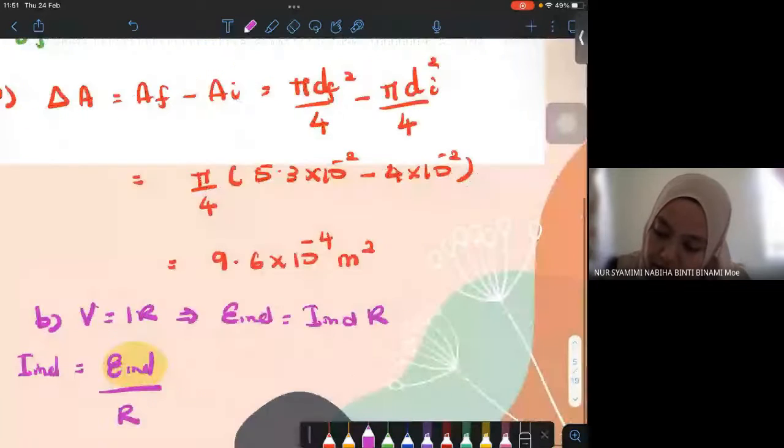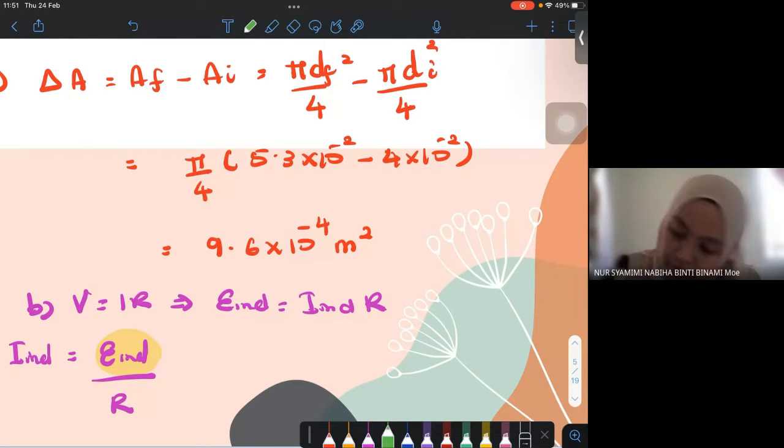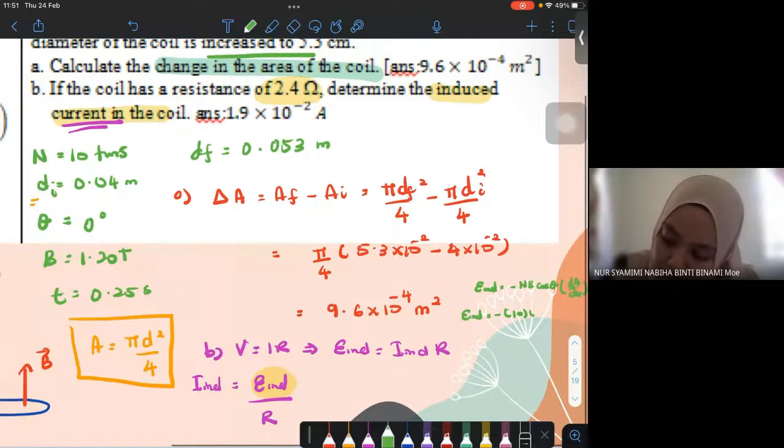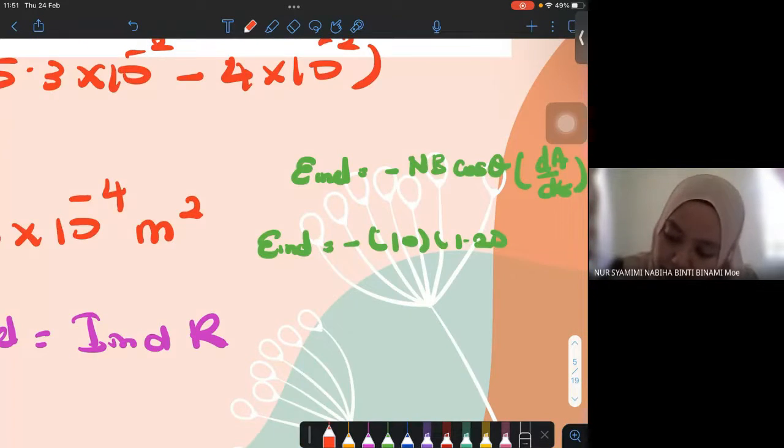Kita nak cari E induced. E induced equals to negative NB cos theta dA over dt. So, E induced equals to negative, N kita ialah 10, B ialah 1.2, cos theta ialah cos kosong, which is 1, dA over dt.